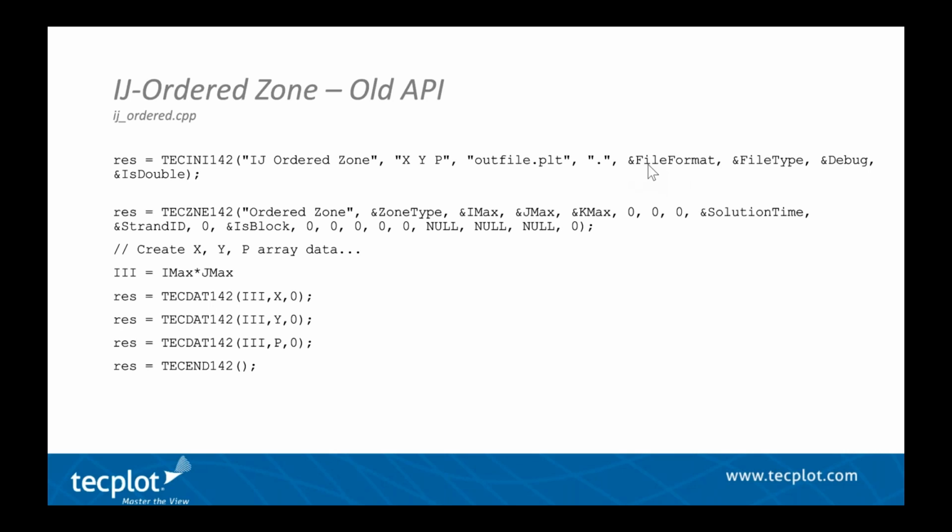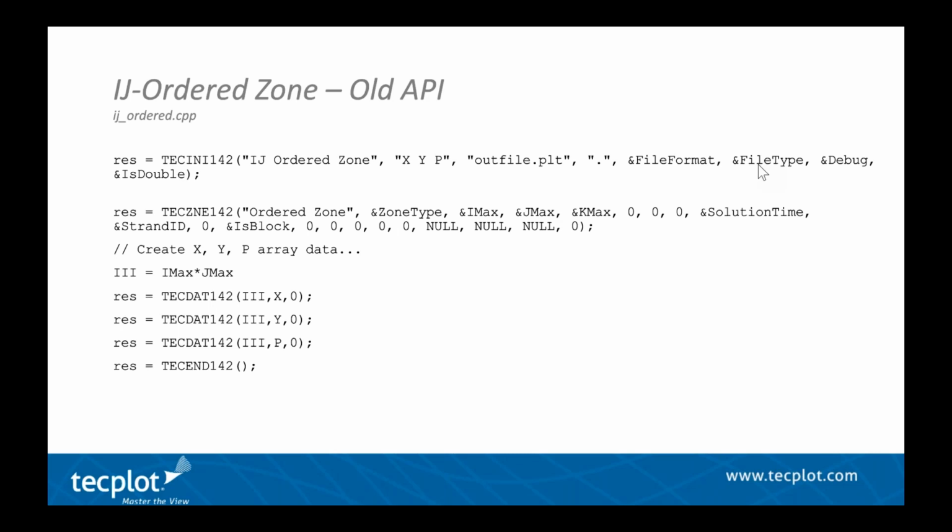So file format is going to be whether you're doing PLT or the SZL. File type is going to be whether this is a mixed grid and solution file. So that's where you have the grid and solution all in one data file. Tecplot PLT and SZL format also supports separated grid and solution files.